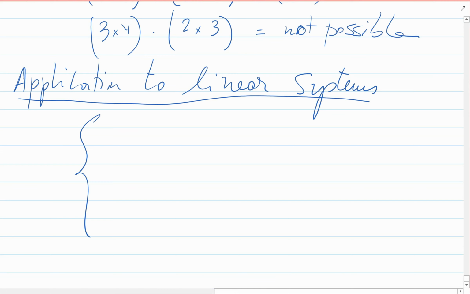Again, let me just write it. So we have A11x1, A12x2, plus A1n xn, n unknowns and m equations.